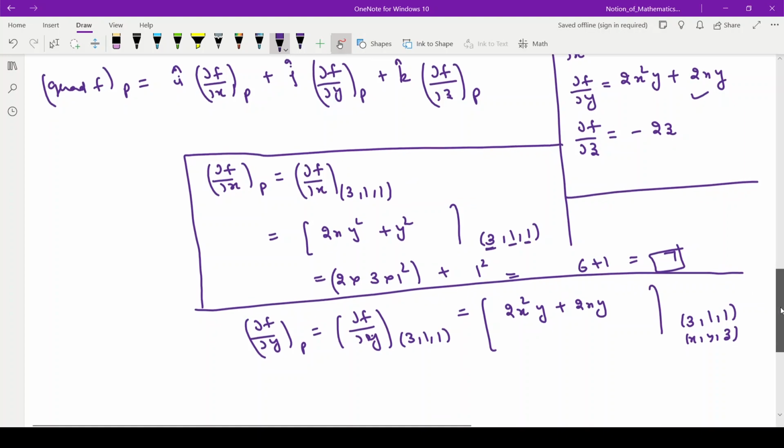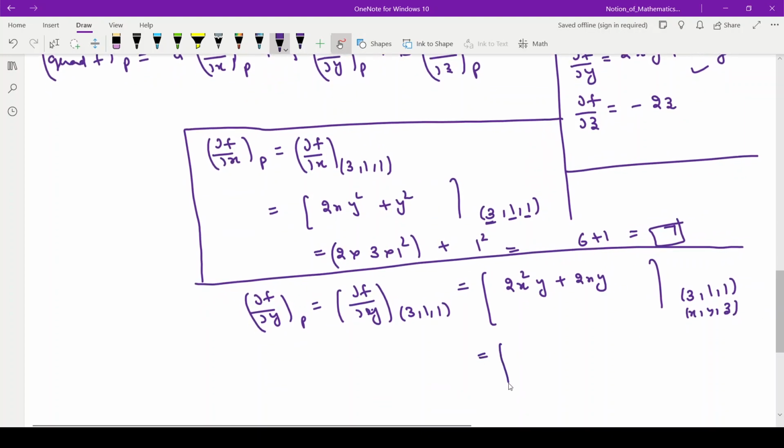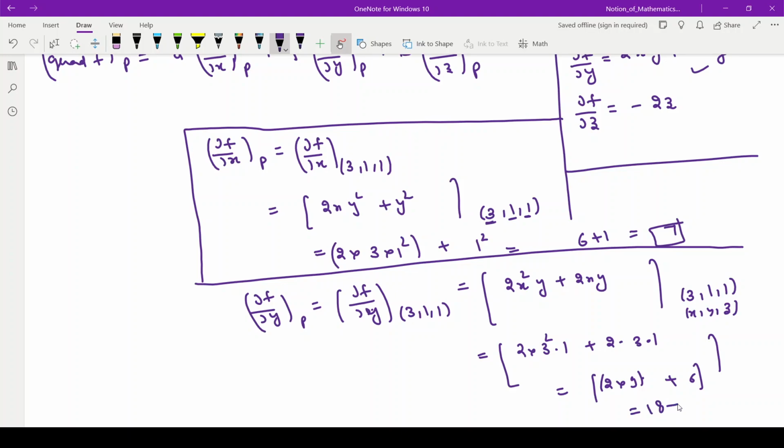I will put it here. So it is 2 into 3 square into 1 plus 2 into 3 into 1, that is 2 into 9 plus 6, that is 18 plus 6, which is equal to 24.